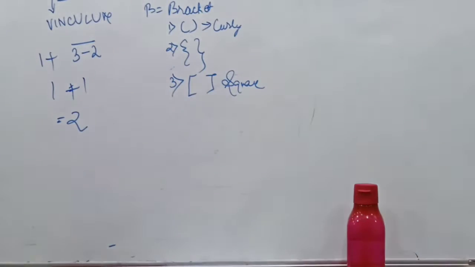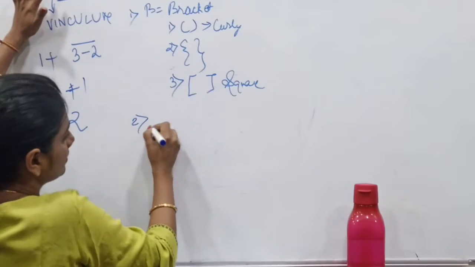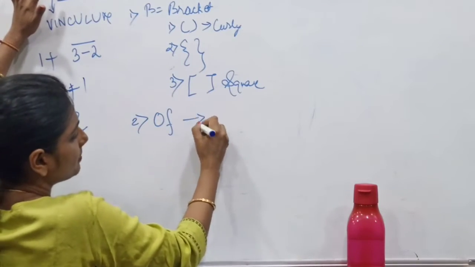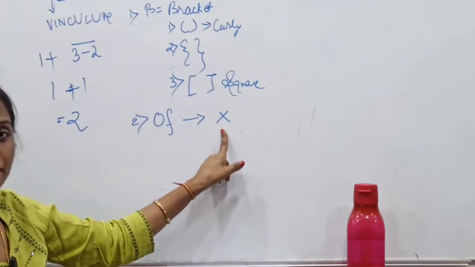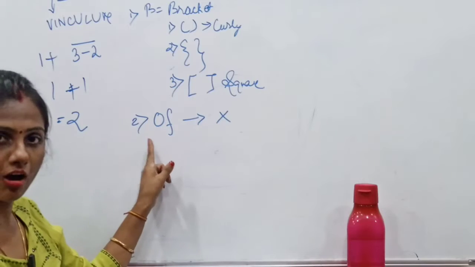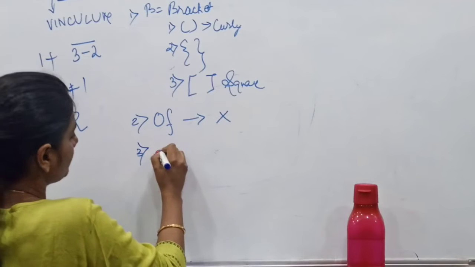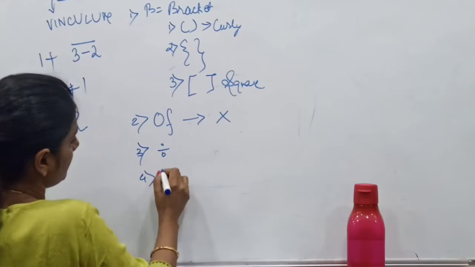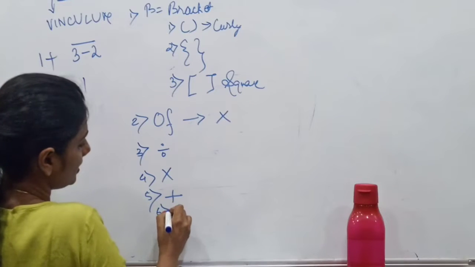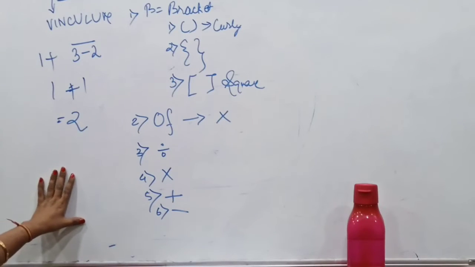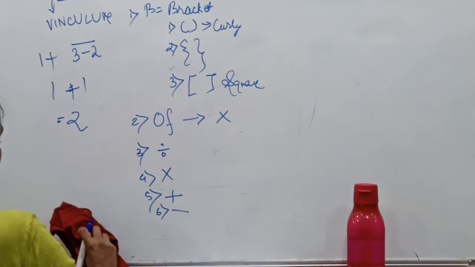After that we will solve of. Of means multiplication, but whenever the multiplication sign is written we will not solve it first. If it is written as of, then only we will solve of first. Then division, then multiplication, then addition, and lastly subtraction. Okay? So let me explain this with an example.